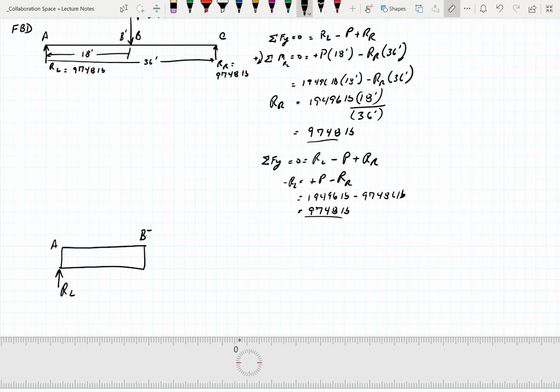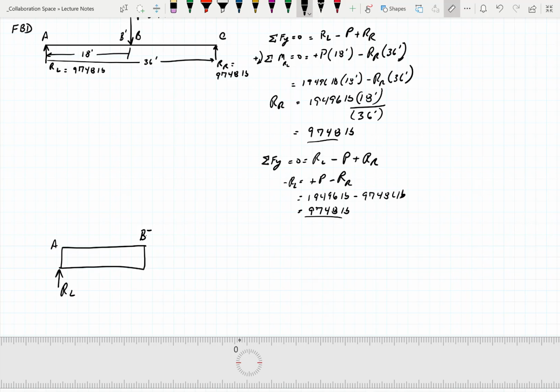But anyway, that force at B, we'll want to try and slice that beam in half. Okay? The cool part is we're going to pretend it does. But I'm really interested in what's happening just before it does it.